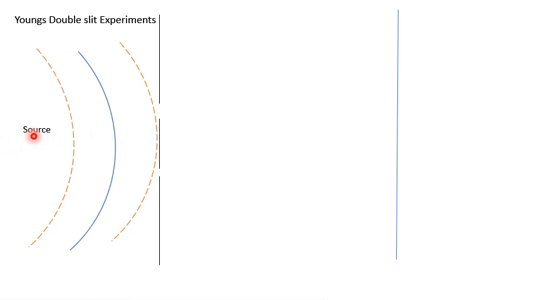As you see here, this source produces wavefronts, and the dotted lines show the crest and the complete lines show the trough. From this source the light travels in the medium, and when this wavefront strikes these two holes, they produce new wavefronts.